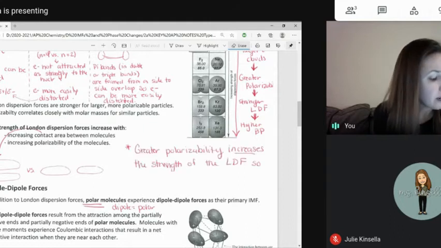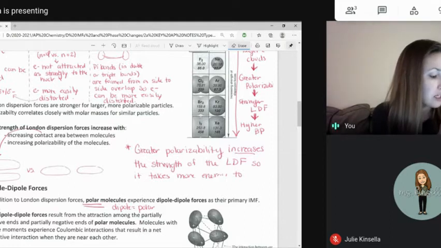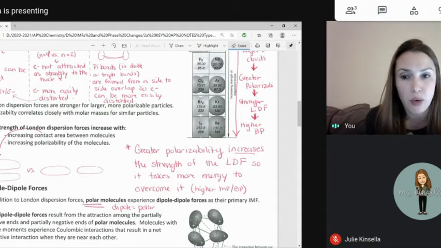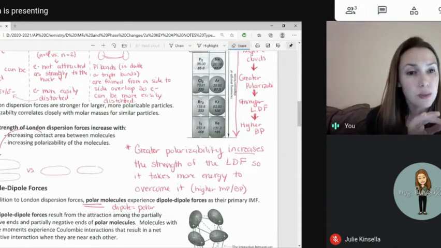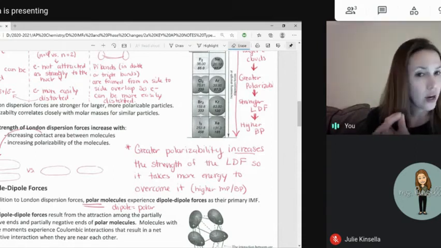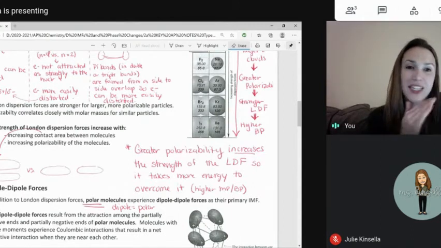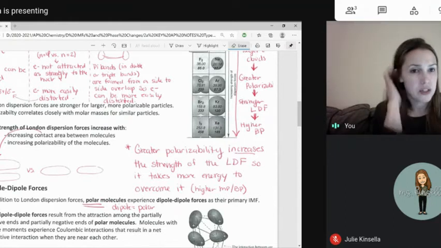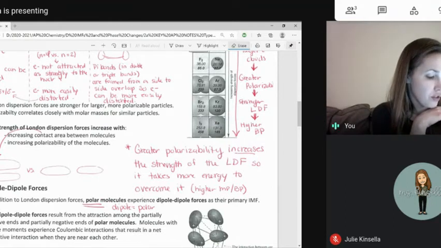So as the polarizability increases, the strength of the LDF increases. So it takes more energy to overcome it, which is going to result in a higher melting point and boiling point. So London dispersion forces and polarizability, I would almost pause this and read back through it for yourself because it's going to be a big part of our discussions over this unit.